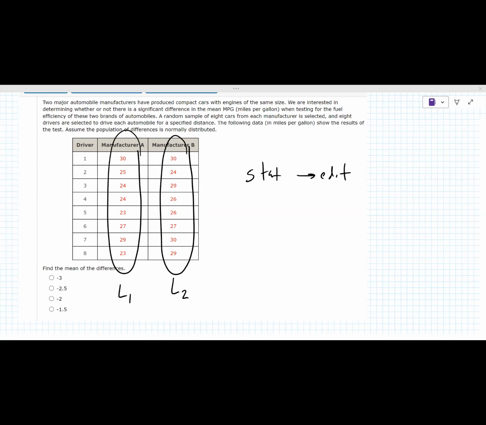My calculator's acting up weird. Edit. So 30, 25.